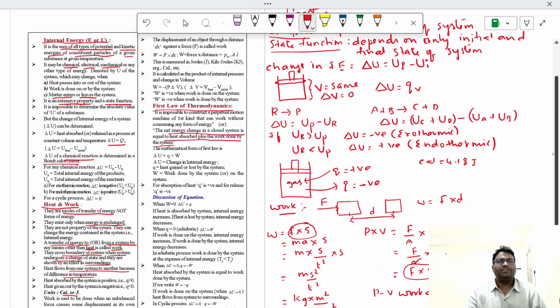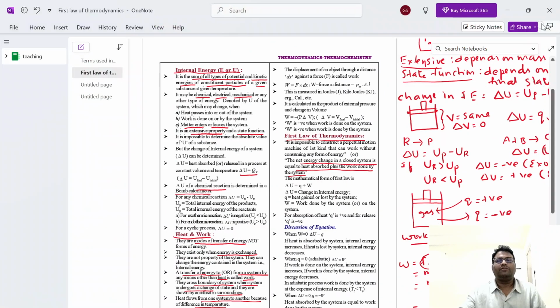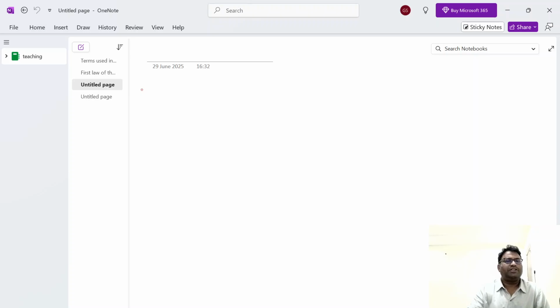For example, this is the system, and in the system there is gas. These gas molecules possess some energy.